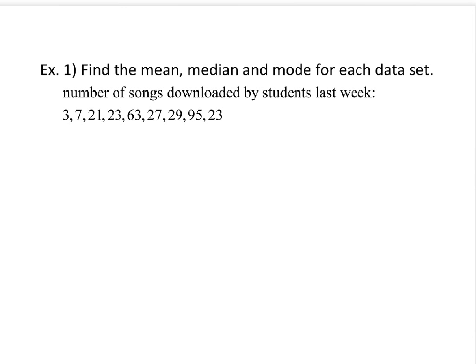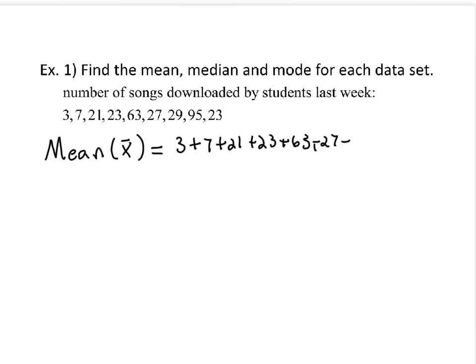To find the mean, remember we have a symbol for the mean. We use an x with a bar on top. All you do is add the numbers and then divide by the number of numbers you have. So I'm just going to add here 3 plus 7 plus 21 plus 23 plus 63 plus 27 plus 29 plus 95.